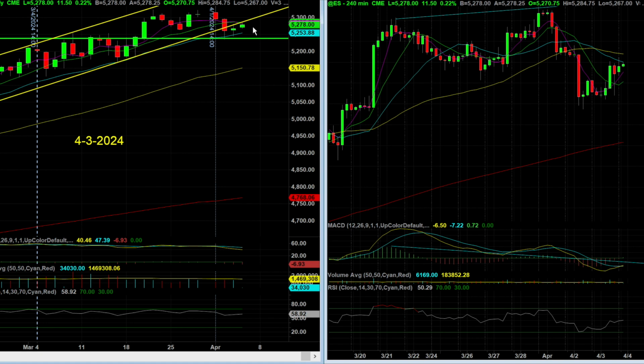We have resistance, 5-day, 10-day, and then trend line, and support is below the 20-day moving average only. And one more thing, for the daily ES, we're still trading within the inside bar of Tuesday, still within Tuesday inside bar.